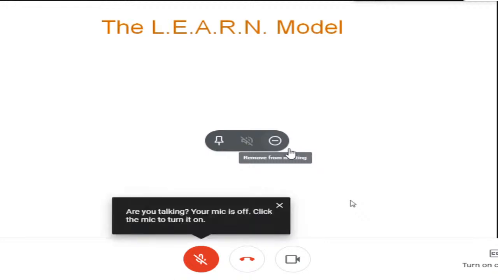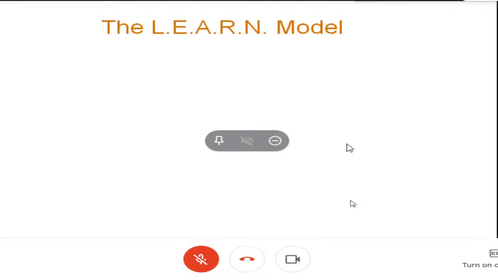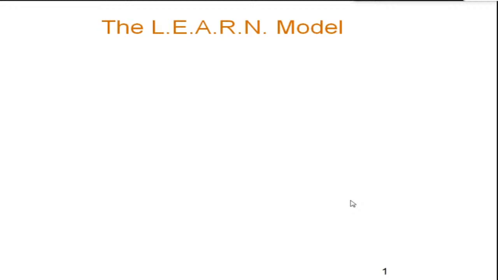The LEARN model is very important, because that is how you will come to know whether the guest is going to return to you or not.